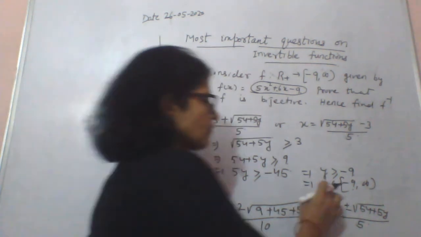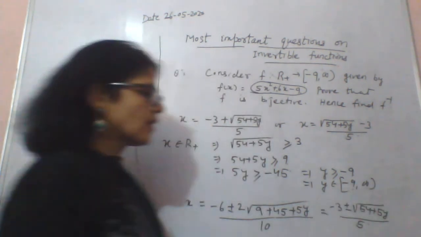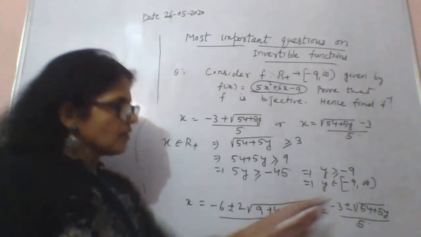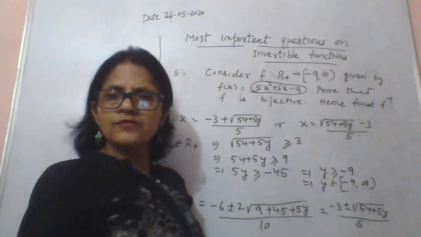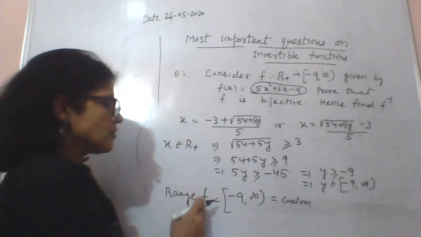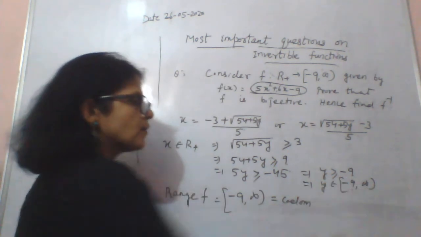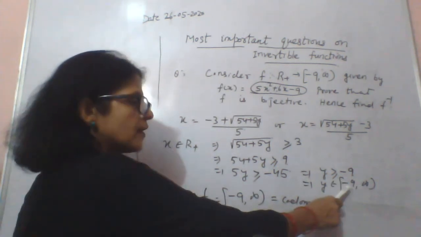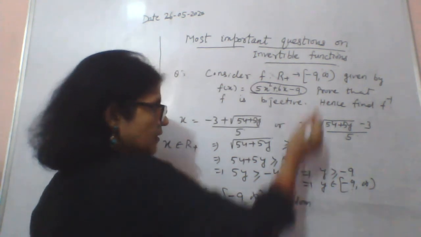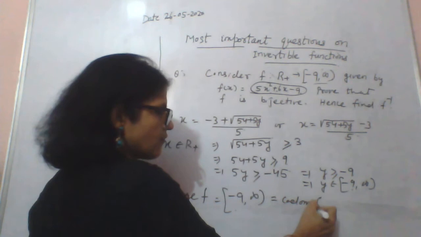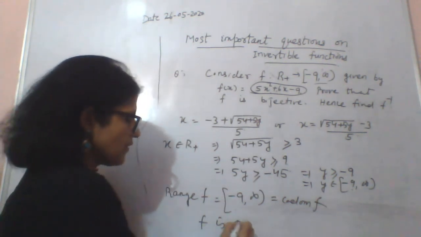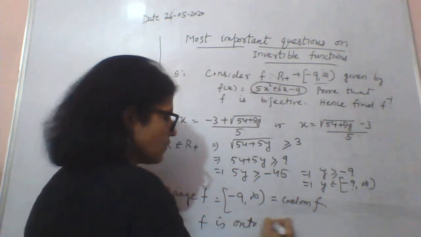So the range of the function is [minus 9, infinity), which is equal to the codomain. Having the range of f equal to [minus 9, infinity), where minus 9 is included, so left closed, right open, and this is also the codomain of the function, range equals codomain. It means f is onto.